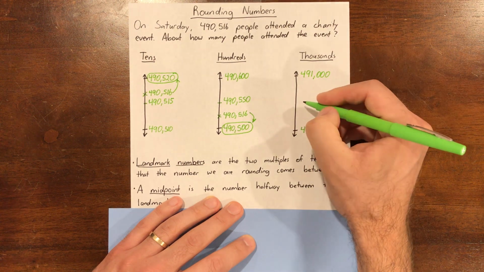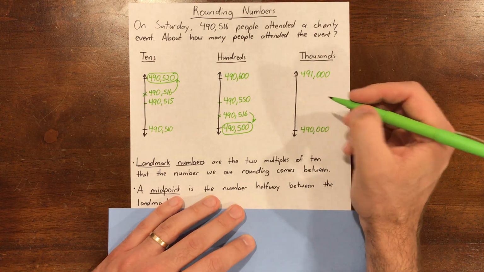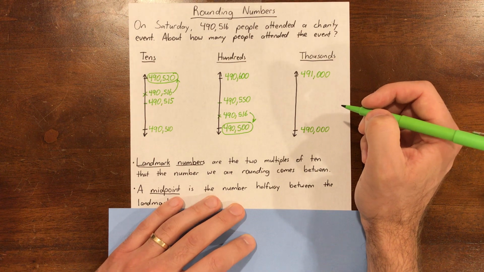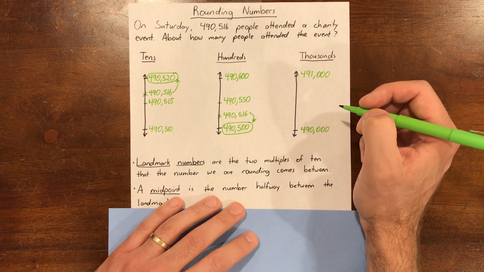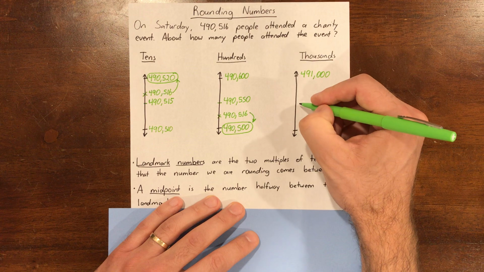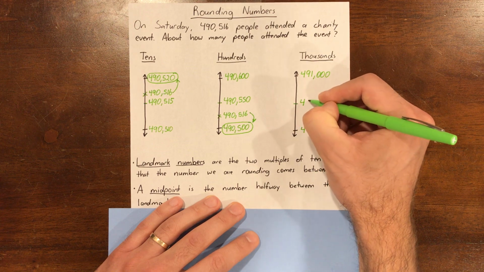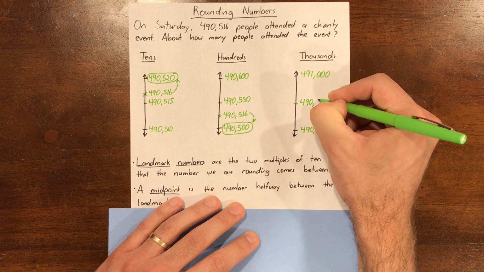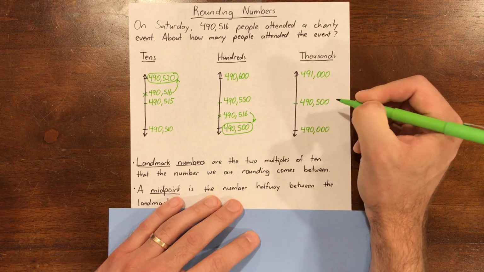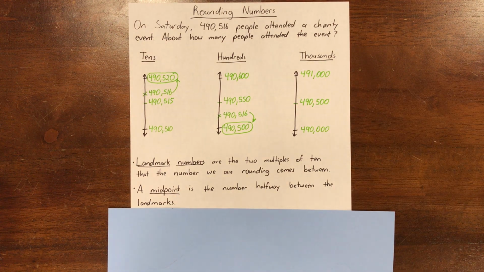With a midpoint, well, let's think, half of 1,000 is 500. So our midpoint is going to be 490,500.